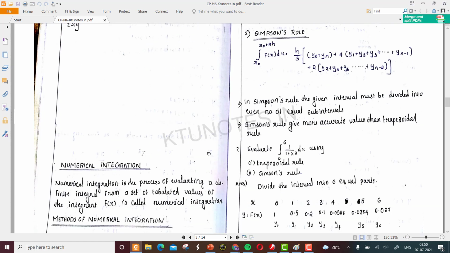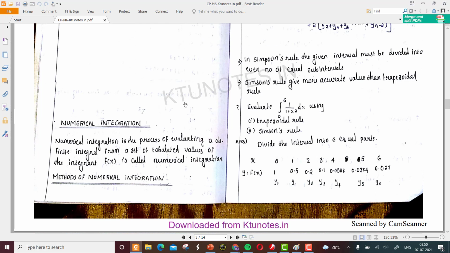So that's about fitting a straight line as well as fitting a parabola for the given set of x and y values, so that we can predict the unavailable values.